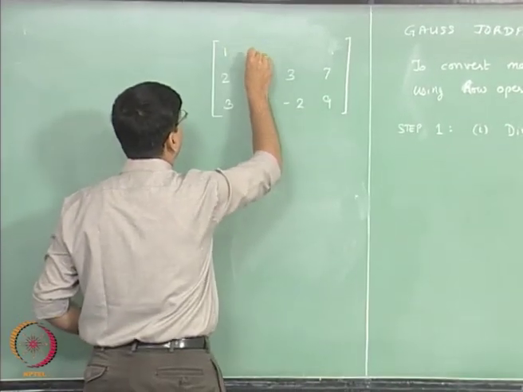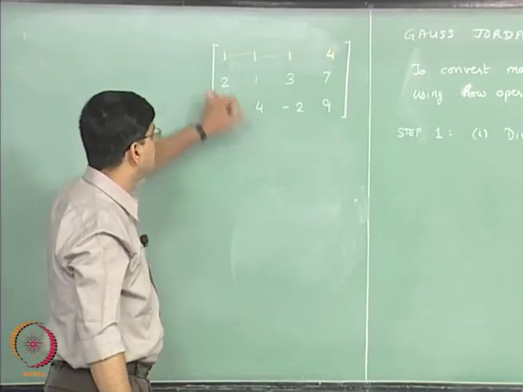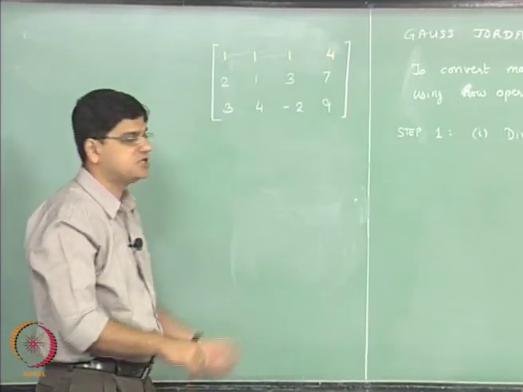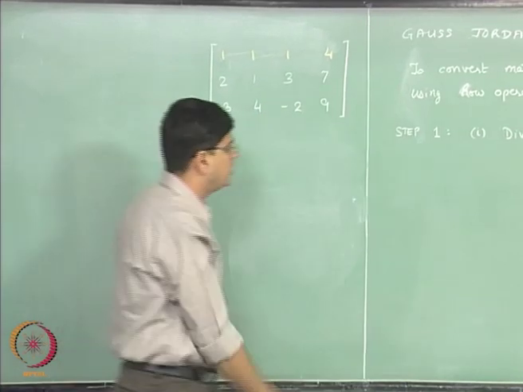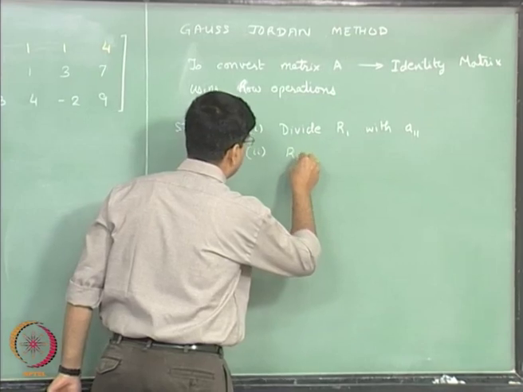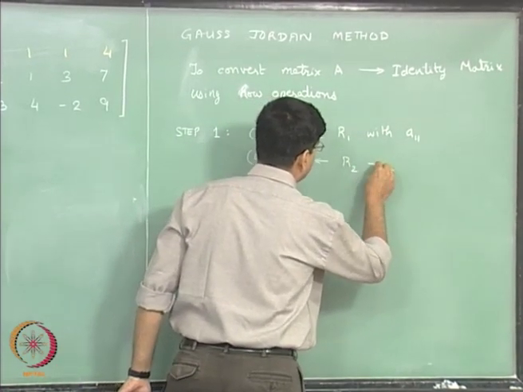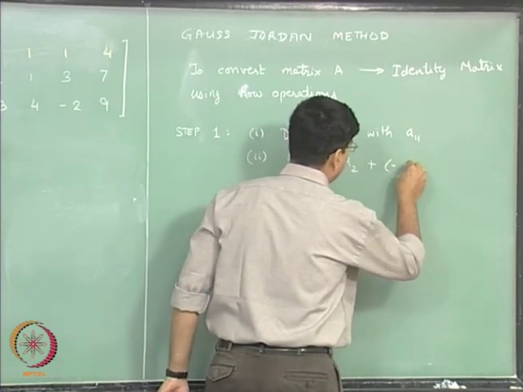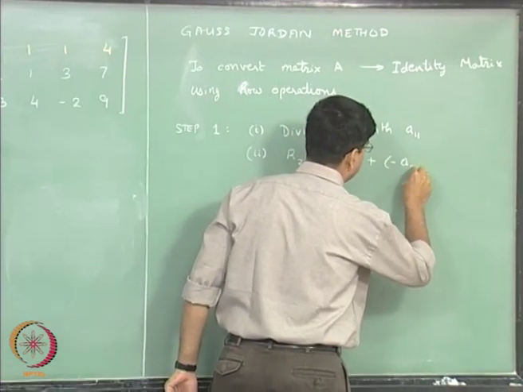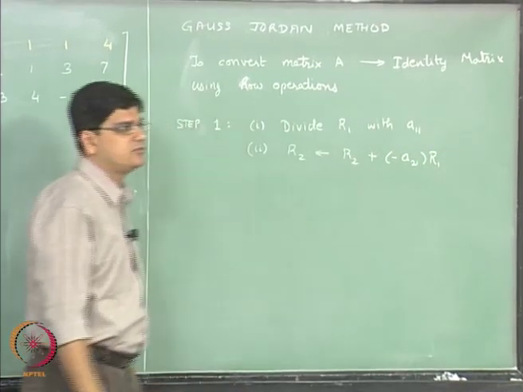I have changed it to yellow because we have done the row operation on that row also. And then we will have R2 as R2 minus A21 multiplied by R1.